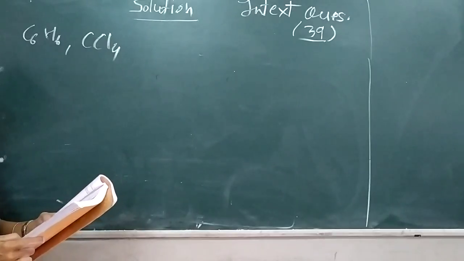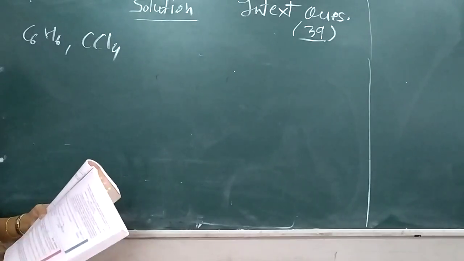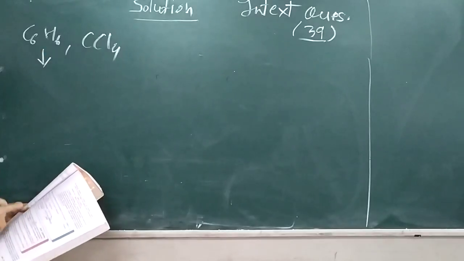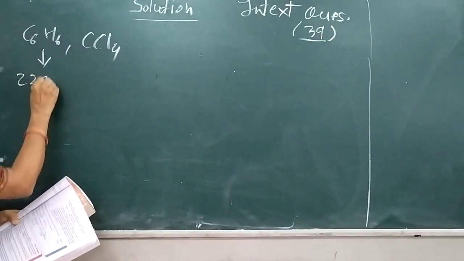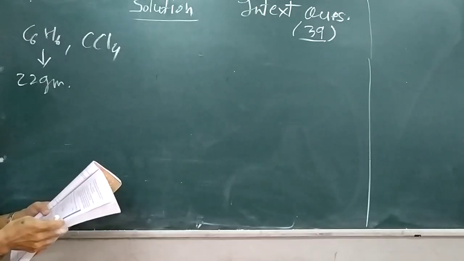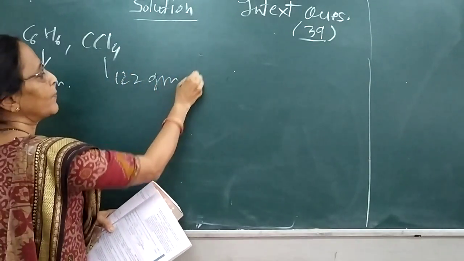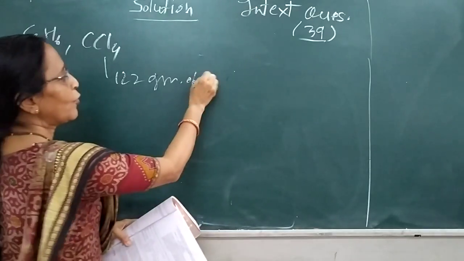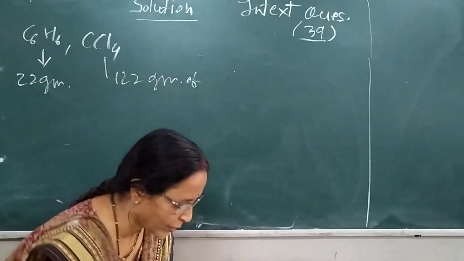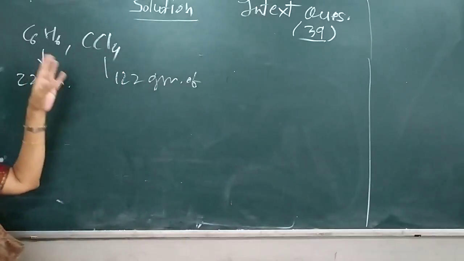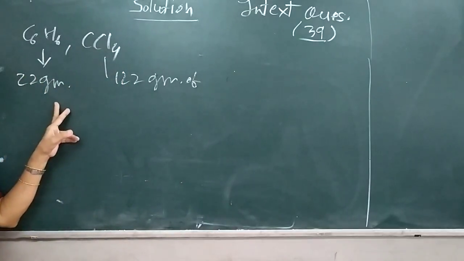The mass percentage of benzene and carbon tetrachloride if 22 grams of benzene is dissolved in 122 grams of CCl4. So the weight of CCl4 is 122 and the weight of benzene is 22 grams.